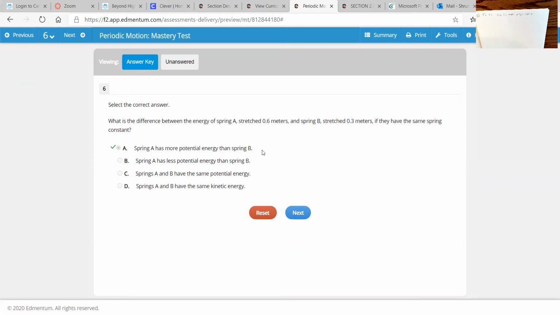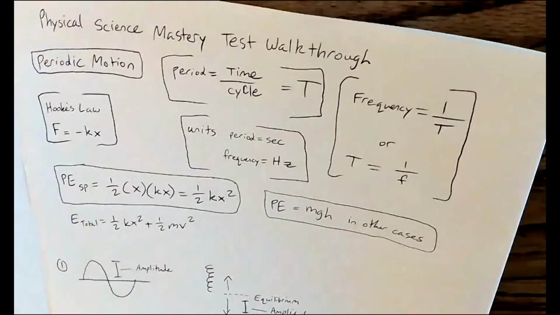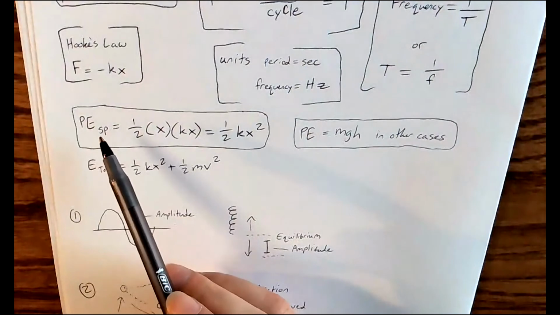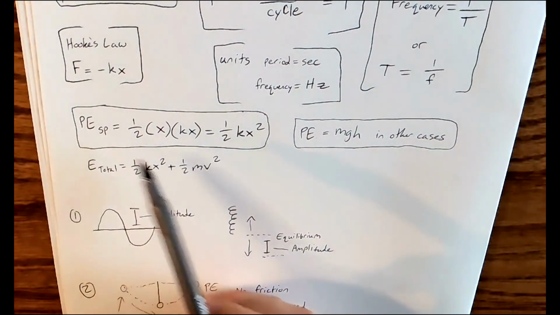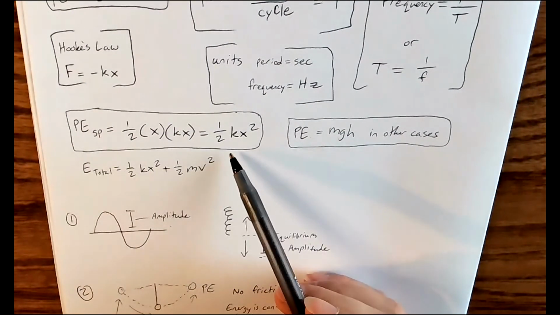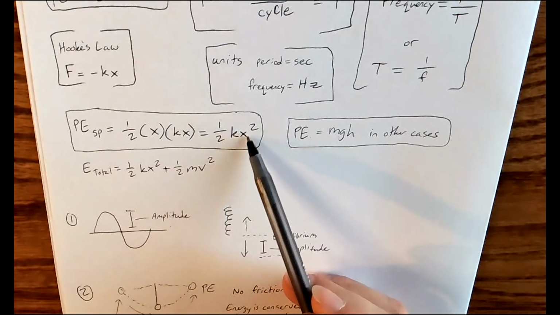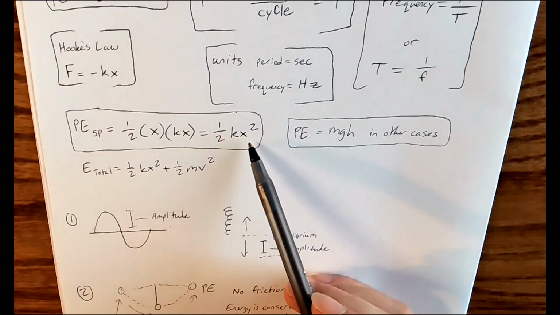Spring A has more potential energy than spring B. And that is the case because if you go back to the tutorial and look at the notes, the potential energy for a spring is 1/2 times the spring constant times the displacement squared.